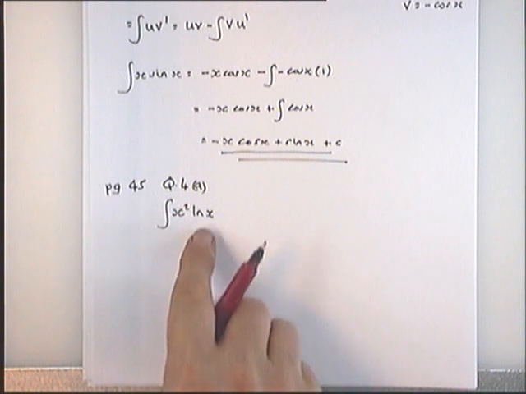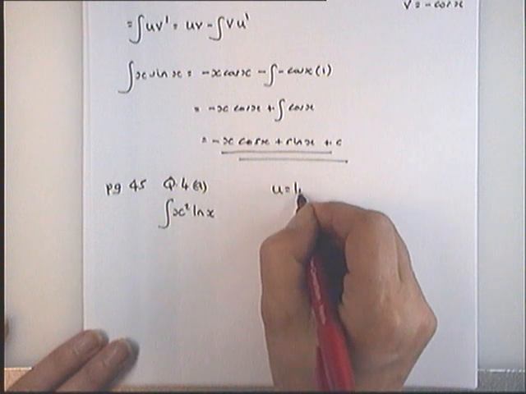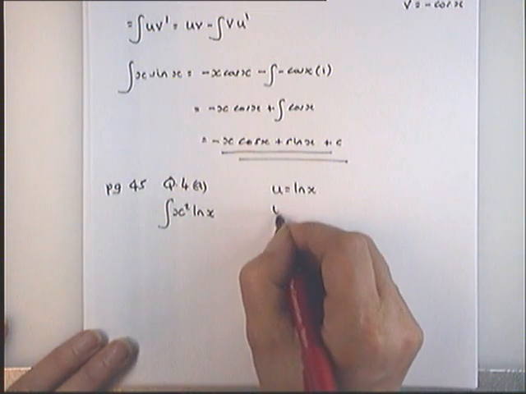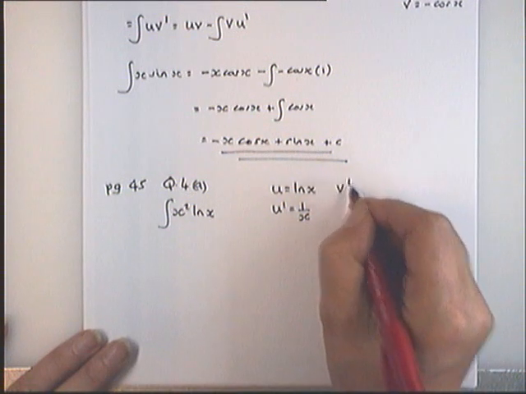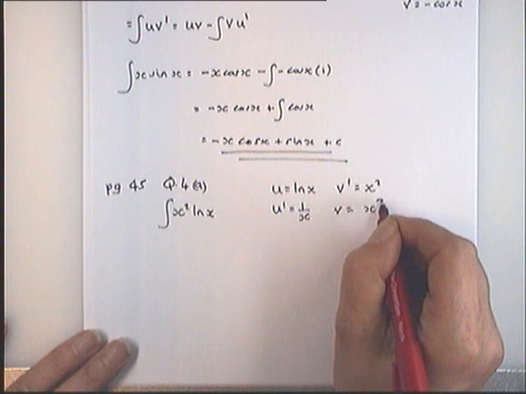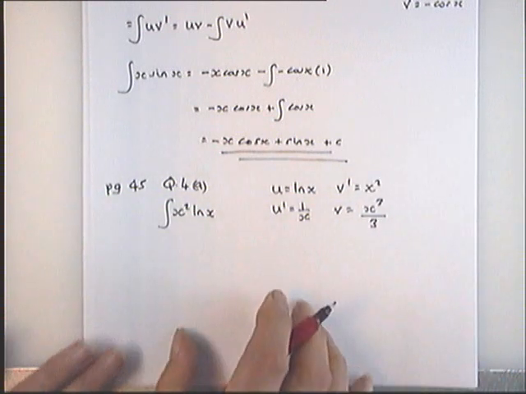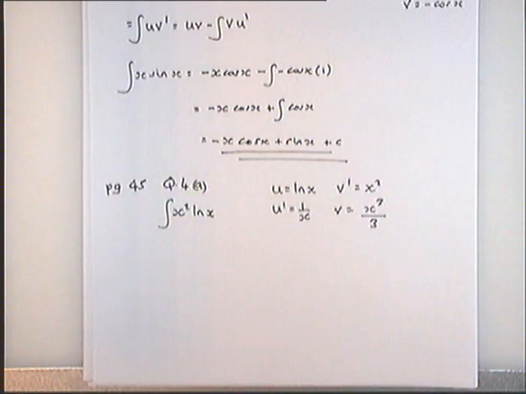Now in this case, the ln is always used as the u function. So u is ln x, u' is then 1 over x, v' is x squared, v is therefore x cubed over 3.